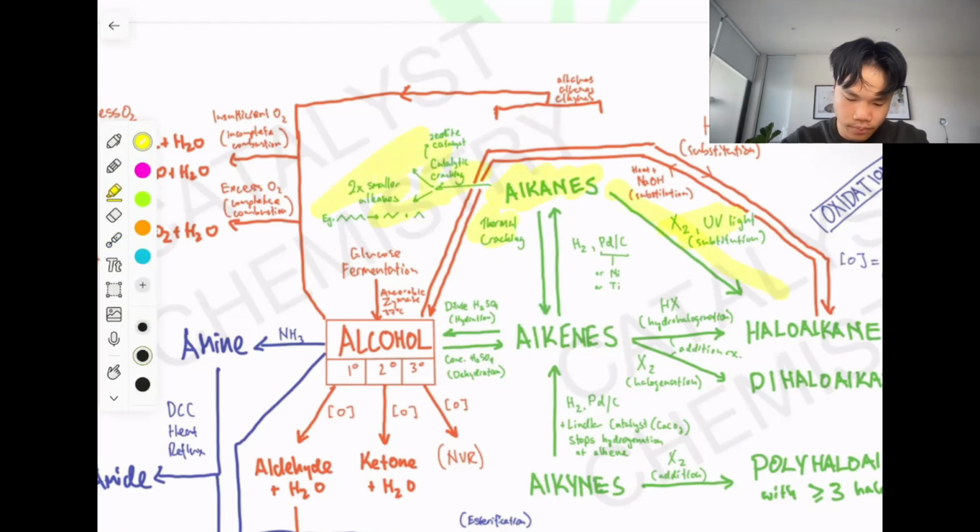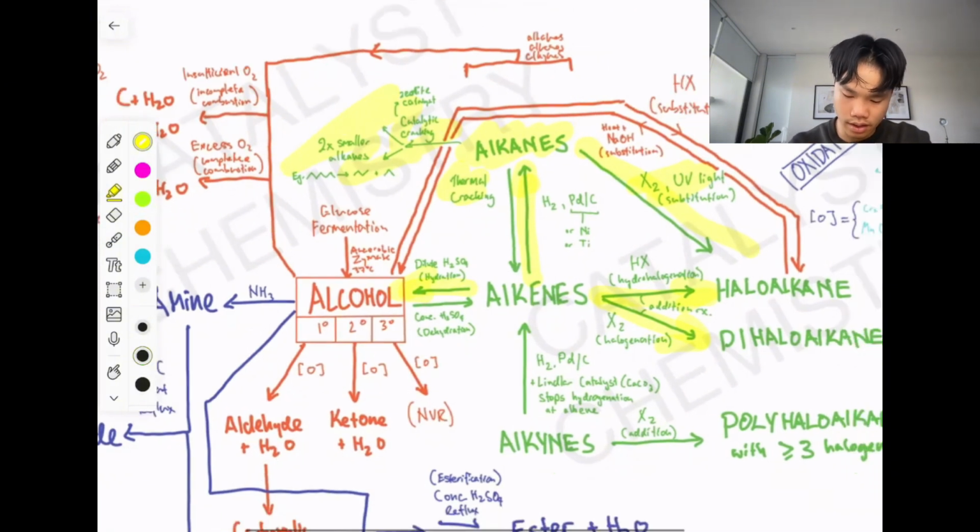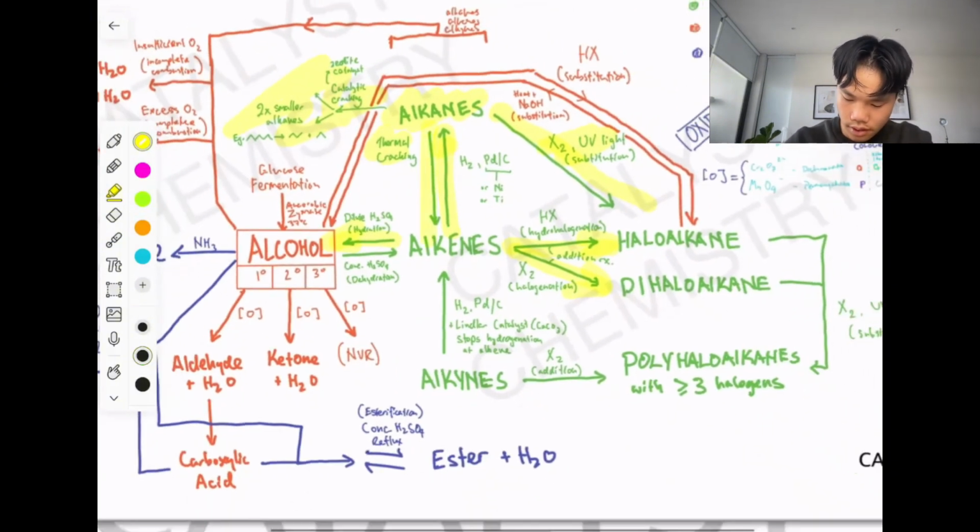Looking at alkenes, you can do hydrogenation, which is hydrogen with Pd on C. You can do hydrohalogenation with a hydrogen halide, halogenation, and you can do hydration with dilute H2SO4 to make alcohol. With alkynes, you can turn them into alkenes.